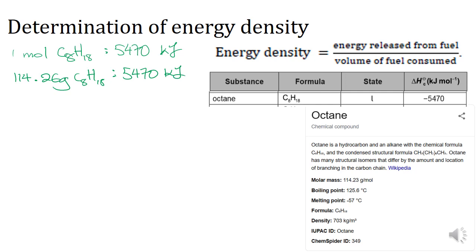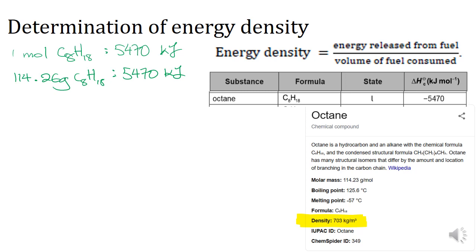Now I need to convert that into a place where I can use my density. I need to convert between the mass I've got into a volume.